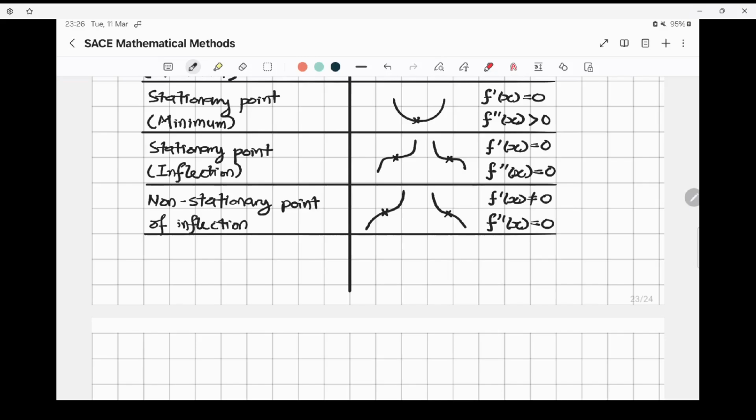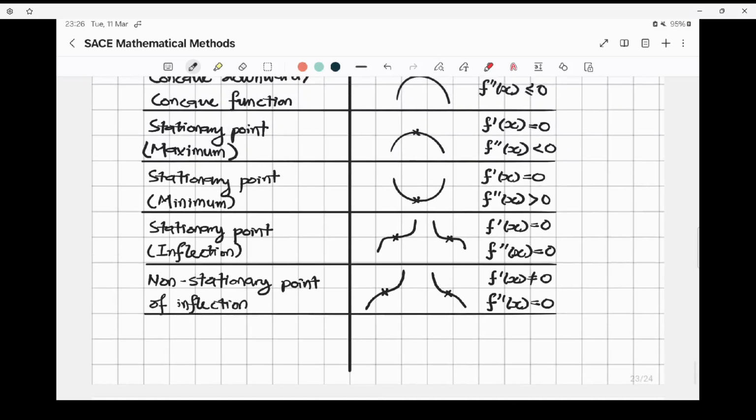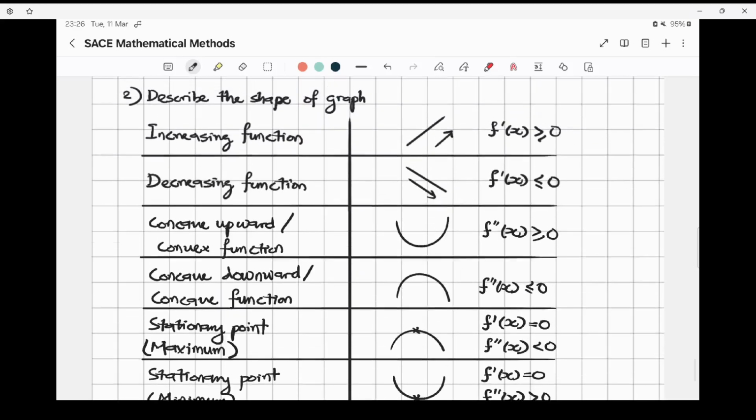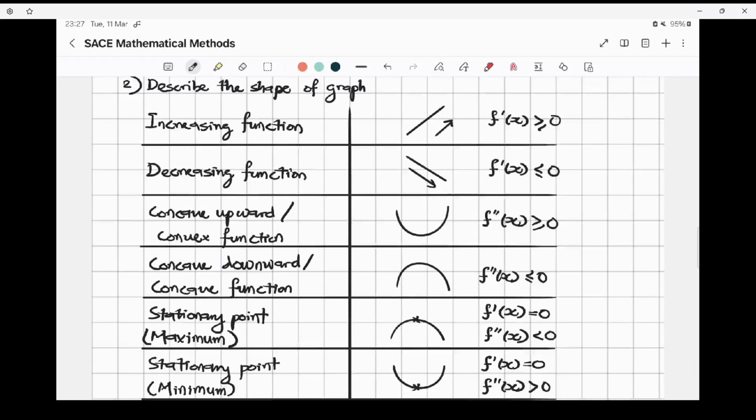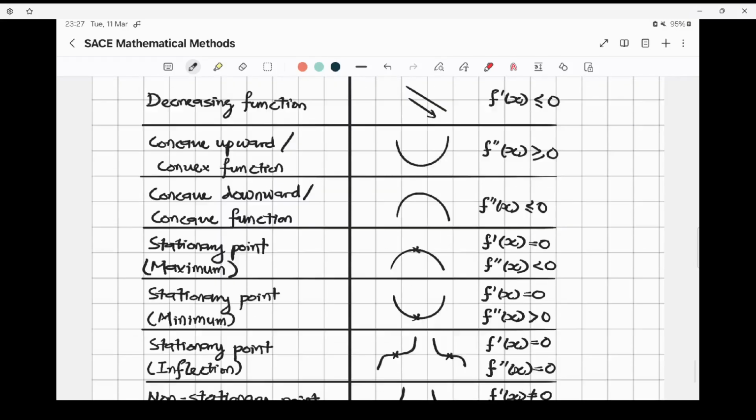This is what you need to show in the exams when you are being asked these kinds of things. So roughly speaking, I have described all the terminologies with diagrams and their conditions.